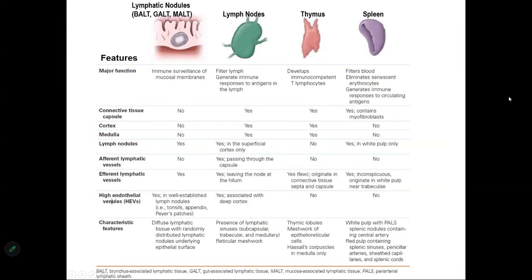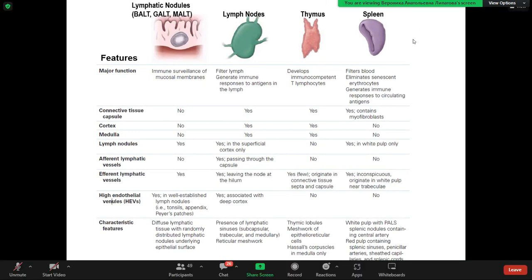This slide summarizes all the features typical for lymphatic nodules in bowel, GALT and MALT, the features of lymph node, thymus, and spleen.